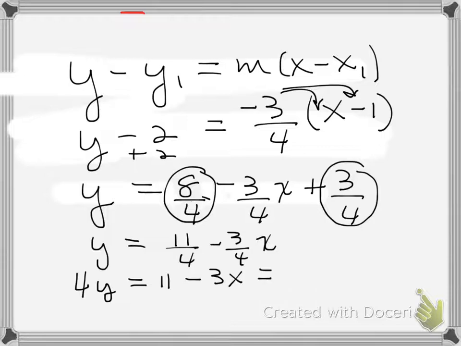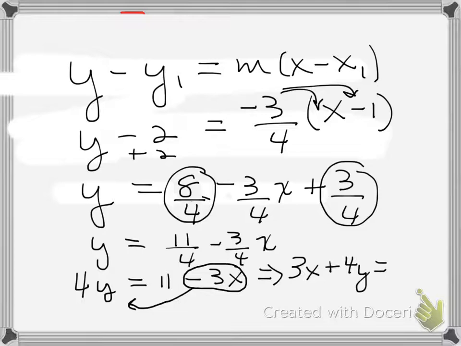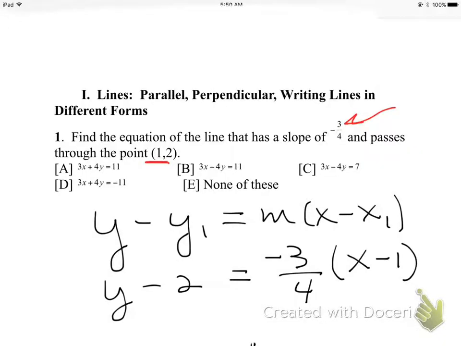Then, putting it in standard form means I have to take my variable with the x and bring it on the same side as my y, so that gives me 3x plus 4y equals 11. So let's go back and look. Do I have that? Yes, I do, right here for A, and that's your first problem.